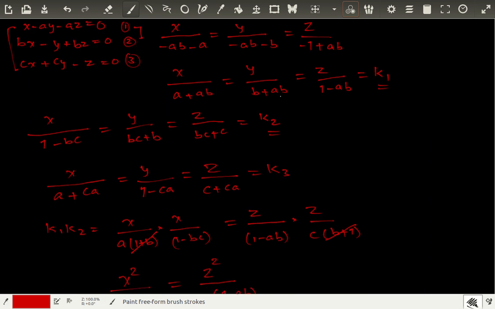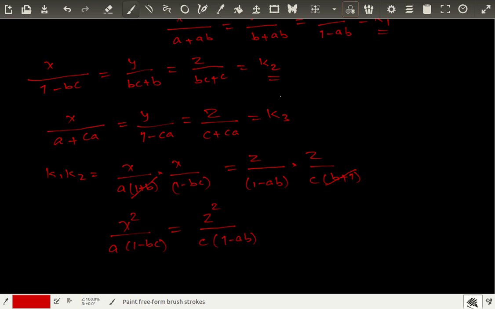Similarly, if you multiply K2 K3, by symmetry, you will be able to prove that this will be equal to y square by b times (1 minus ca).